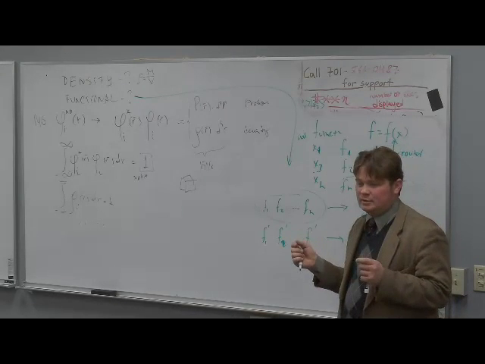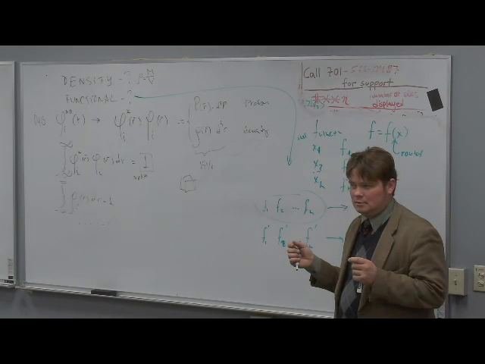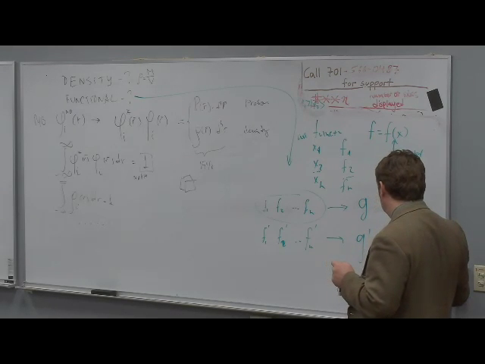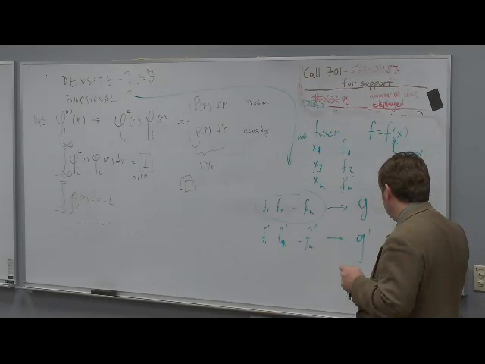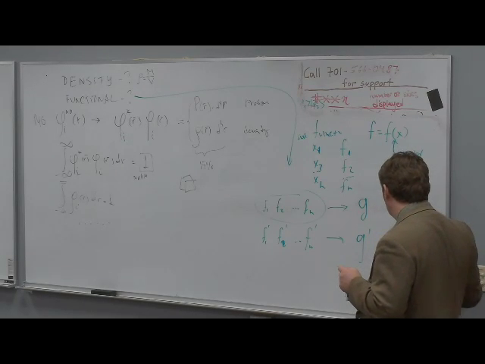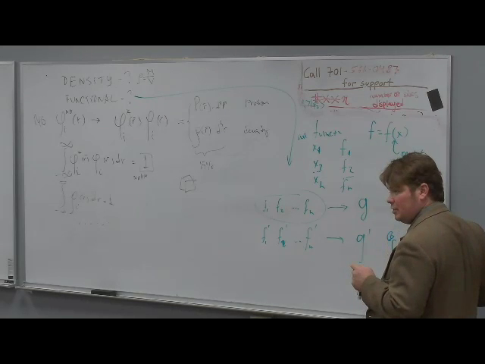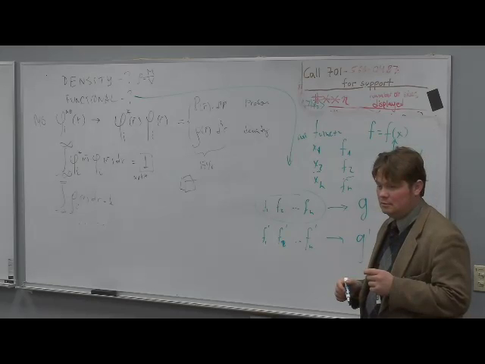What are examples? Like any, for example, any integration. Integral of x dx equals, with limits, will be a number, right? Without an argument. So we are going from a function to a number.